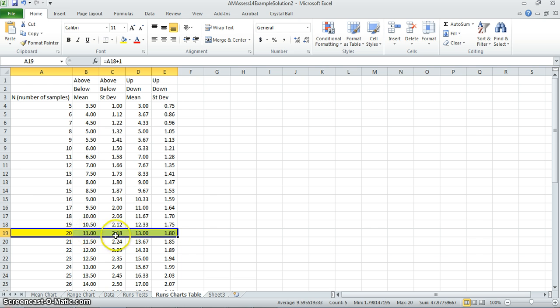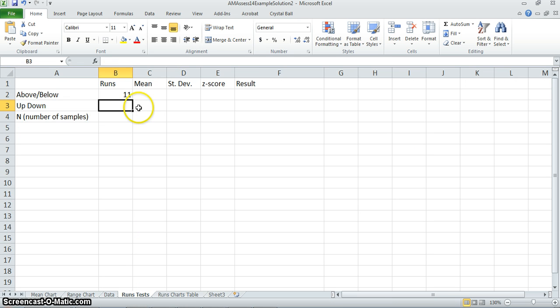The mean is 11 and the standard deviation is 2.18. It means that, on average, if we have a control chart with 20 samples, we would expect to see, as a long-run average, 11 runs above and below the center line, with a standard deviation of 2.18.